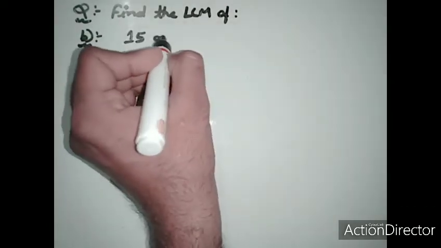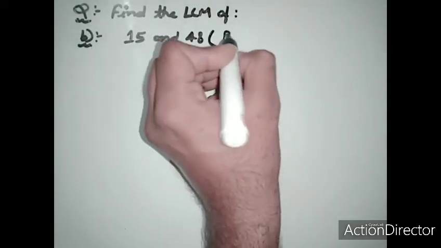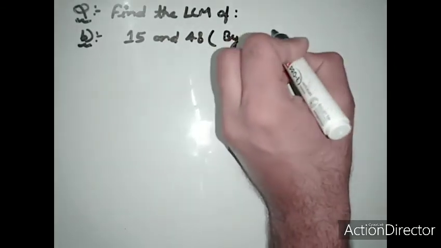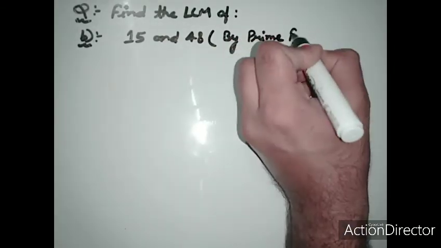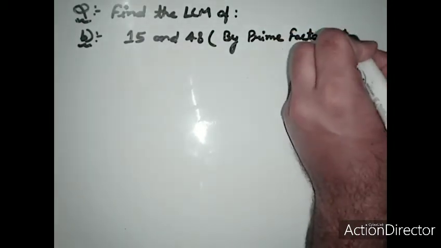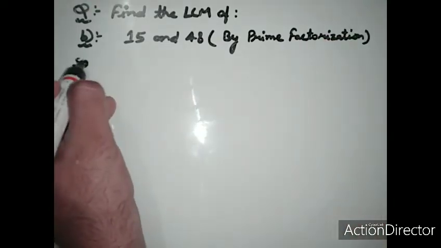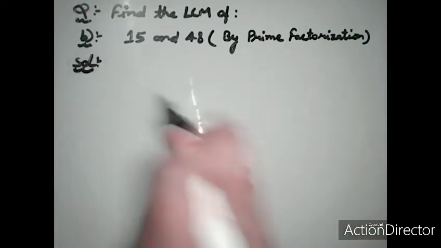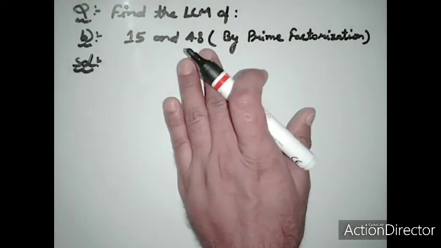Find the LCM of 15 and 48, and here we use the method by prime factorization, right? So first we find the prime factors of 15 and after that 48.